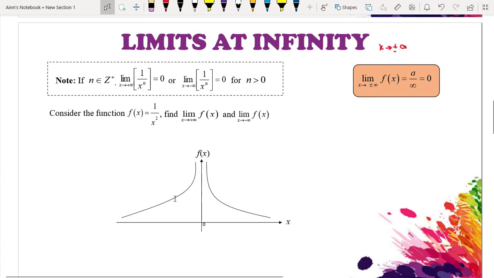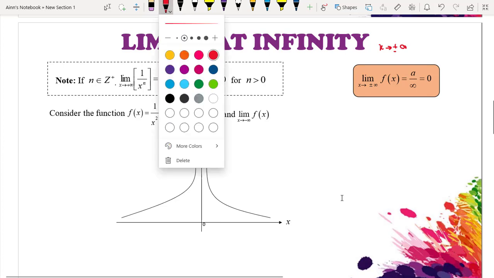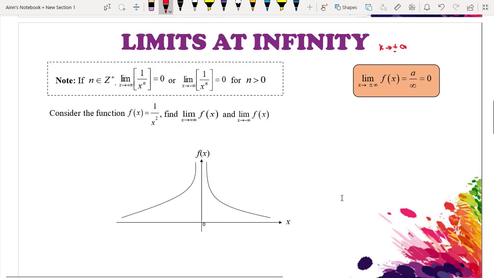As you can see from this graph, this represents 1 over x squared. f(x) equals 1 over x squared. The question asks us to find the limit of f(x) when x approaches positive infinity and negative infinity. Now we can take a look at the x-axis. This is where x approaches positive infinity, so it will go to here.